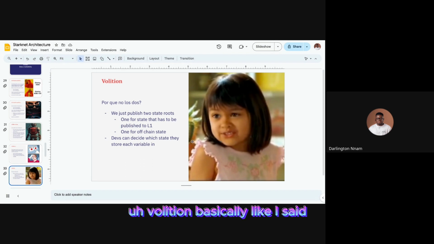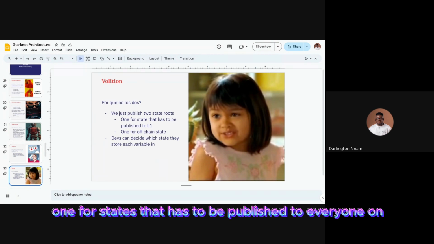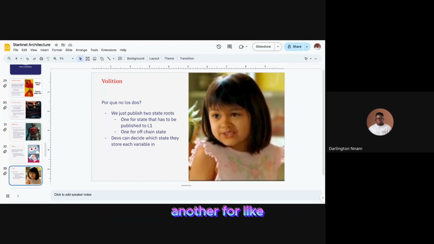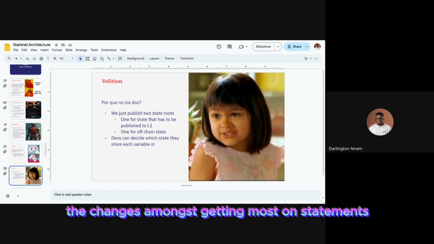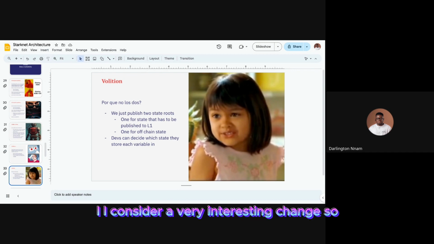Yeah, so volition, like I said, combines the two approaches. With volition, we publish two state roots, one for states that have to be published to L1, and another for states that can be published off chain, and then we let developers decide which states they want to store variables in. This is one of the changes I'm anticipating most on Starknet, since I consider it a very interesting change.